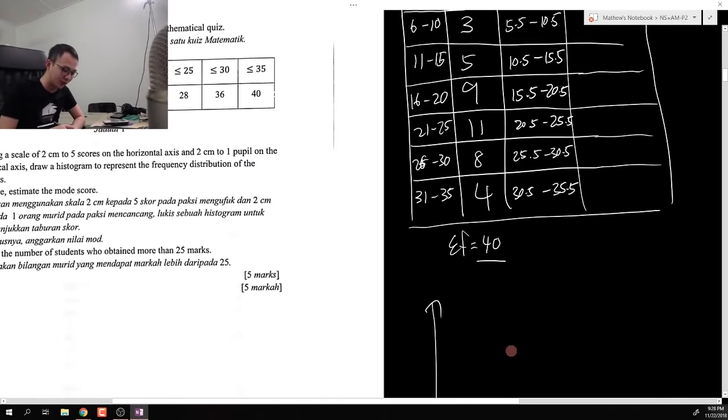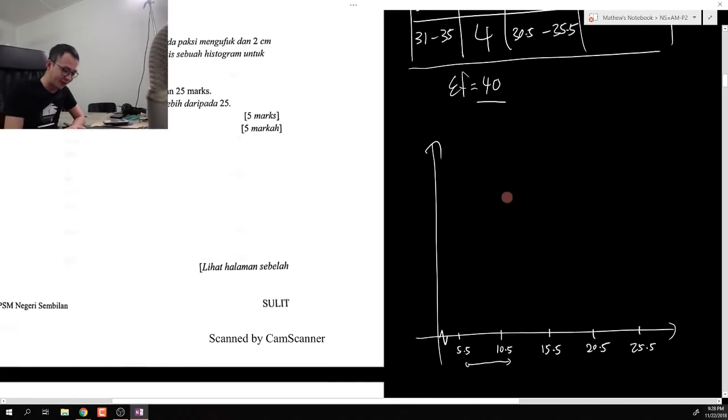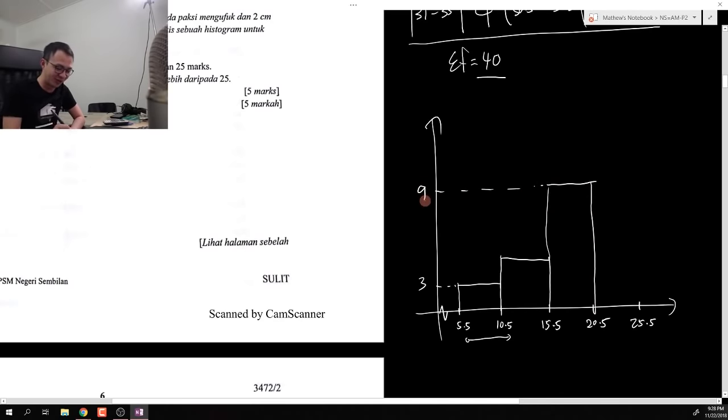I'm not going to draw the whole thing, but I want to teach you how to find the mode also. 3, 5, 9. Okay, so first is about 3. Assume this is 3, and then this one about 5, and this one about 9. Assume, I just draw randomly, not to scale.